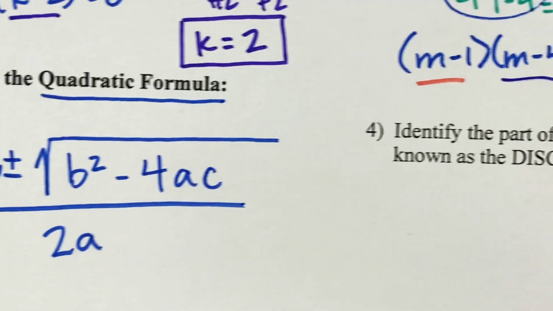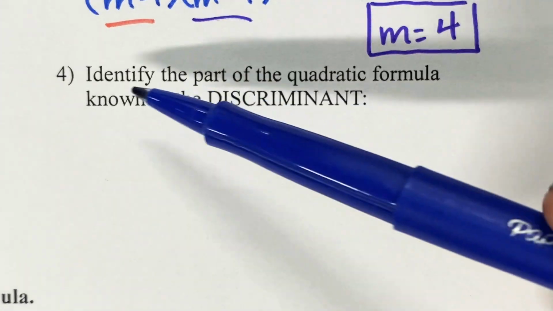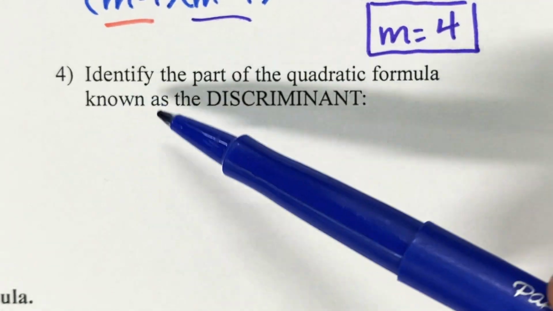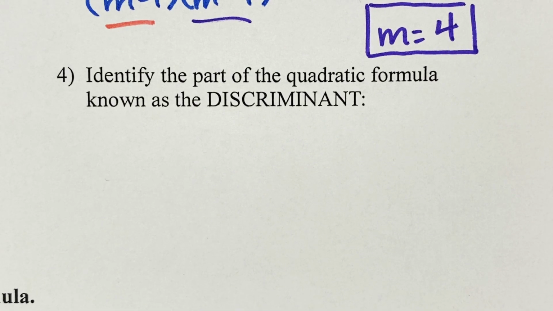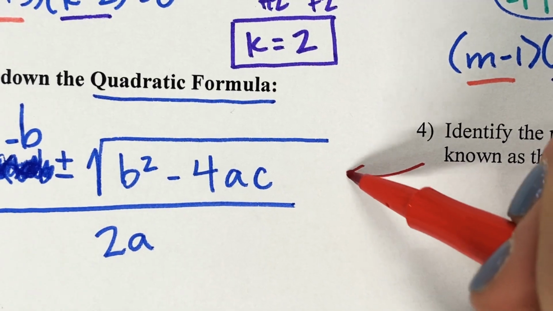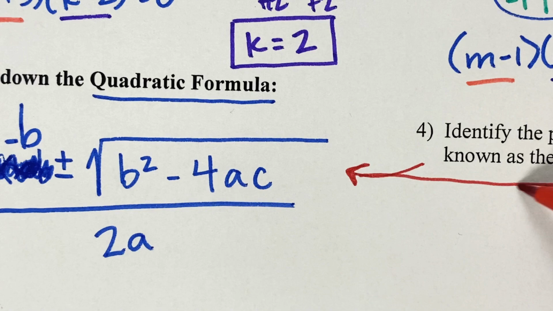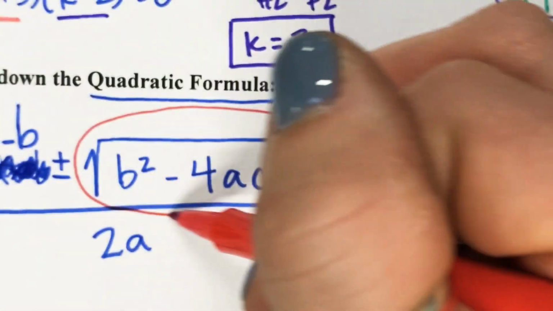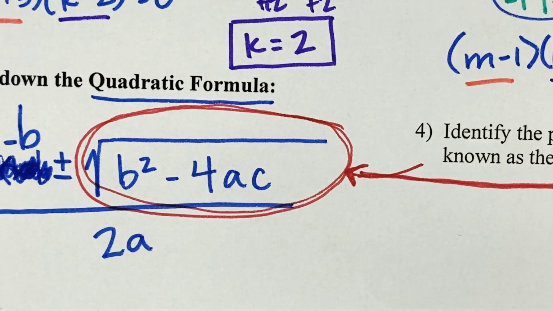So number 4. This is where we get this new word. It's asking us to identify the part of the quadratic formula known as the discriminant. So the discriminant is, let's draw an arrow. There we go. Is this part right there. The part under the square root.